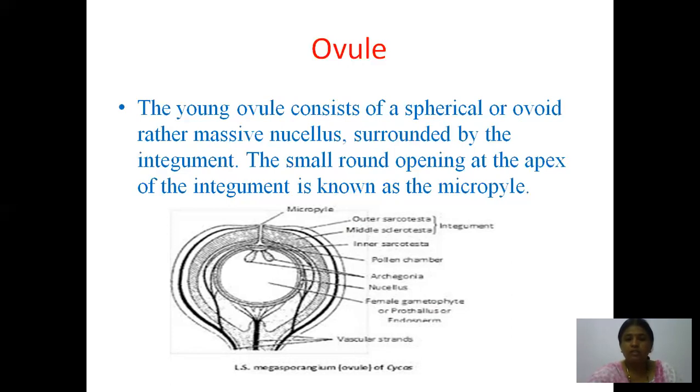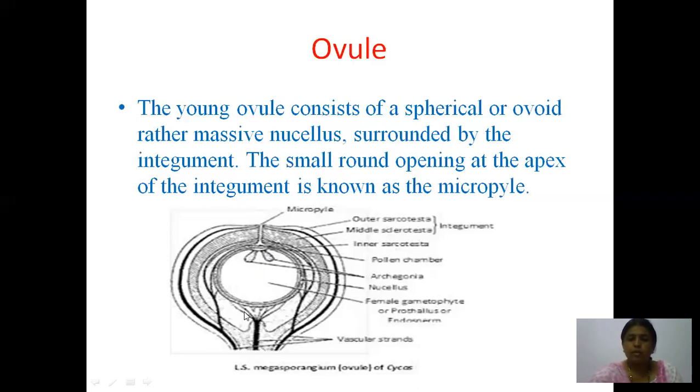After this it changes to endosperm. In this type of development, the egg in the archegonium is fertilized by the sperm, then the zygote is formed after fertilization, and the embryo will develop.